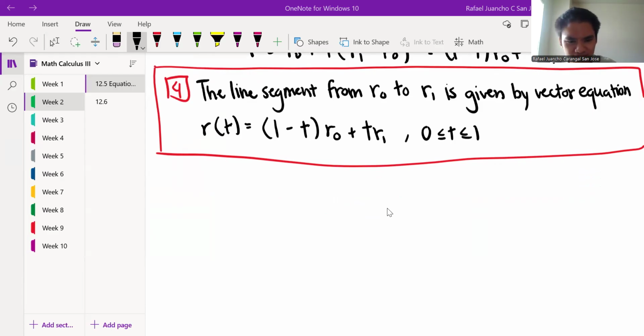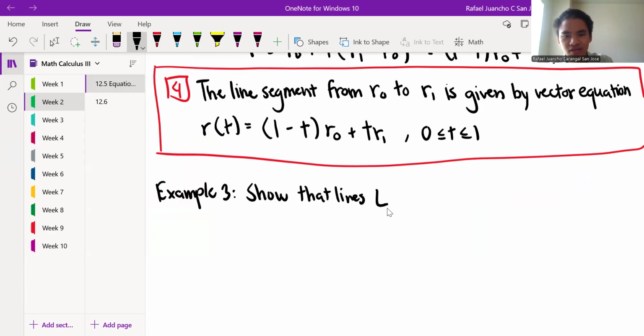Okay, let's solve this real quick. So on an example, we have example 3. And here we want to show that lines L1 and L2 with parametric equations.